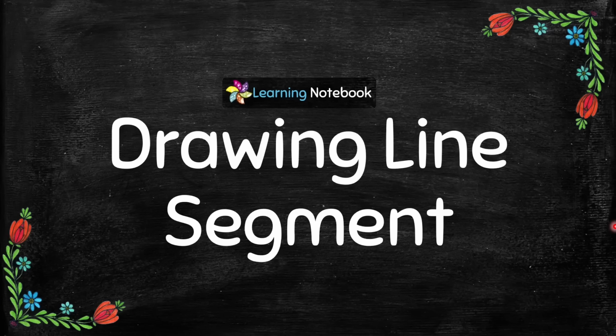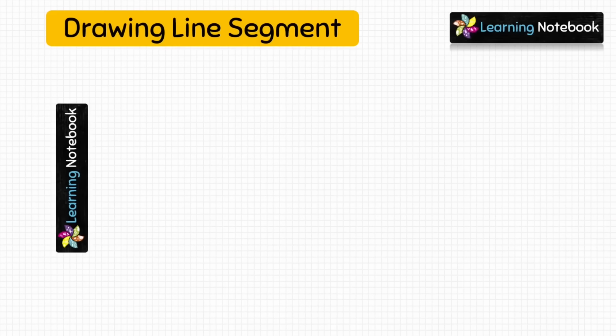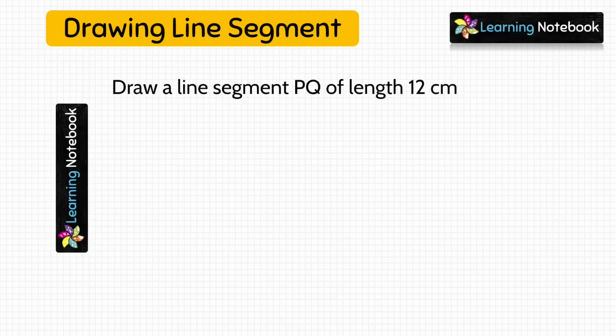Now let's learn how to draw a line segment. Now to draw a line segment, again we will take help of a ruler. Question is, draw a line segment PQ of length 12 centimeter.